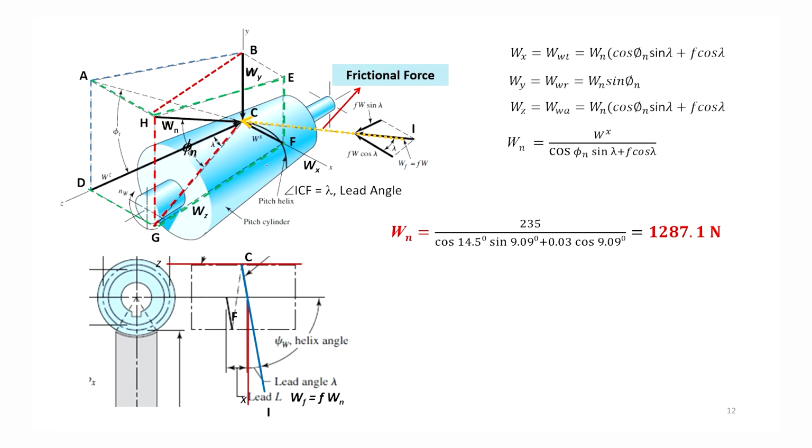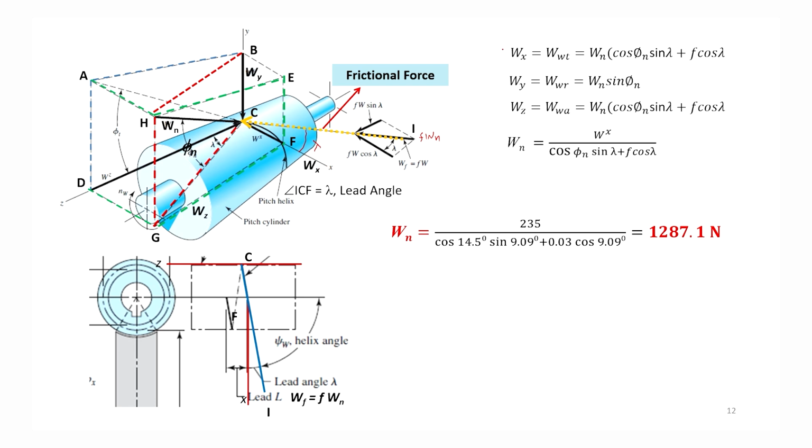So, the frictional force which will act along the thread, shown by this yellow color arrow, is f Wn, the frictional force f Wn. So, along this line CI, f Wn is acting, and the angle between IC and this x is lambda, the lead angle. And so, we can find the component of frictional force in the direction of x and in the direction of z, and they will be added to the component of Wn in the direction of z and in the direction of x.